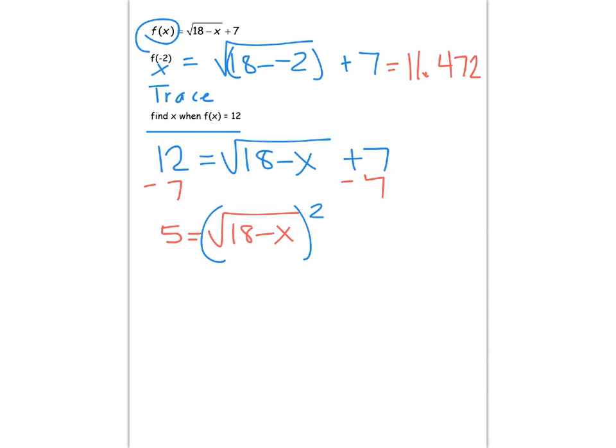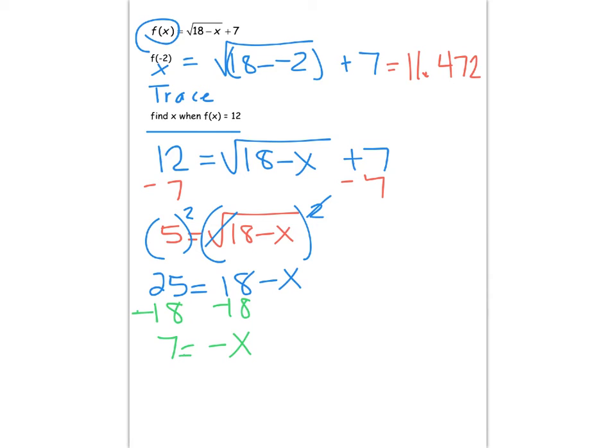Square both sides to remove the square root. So 25 equals 18 minus x. Subtract 18. So 7 equals negative x. And divide by negative 1. So negative 7 equals x.